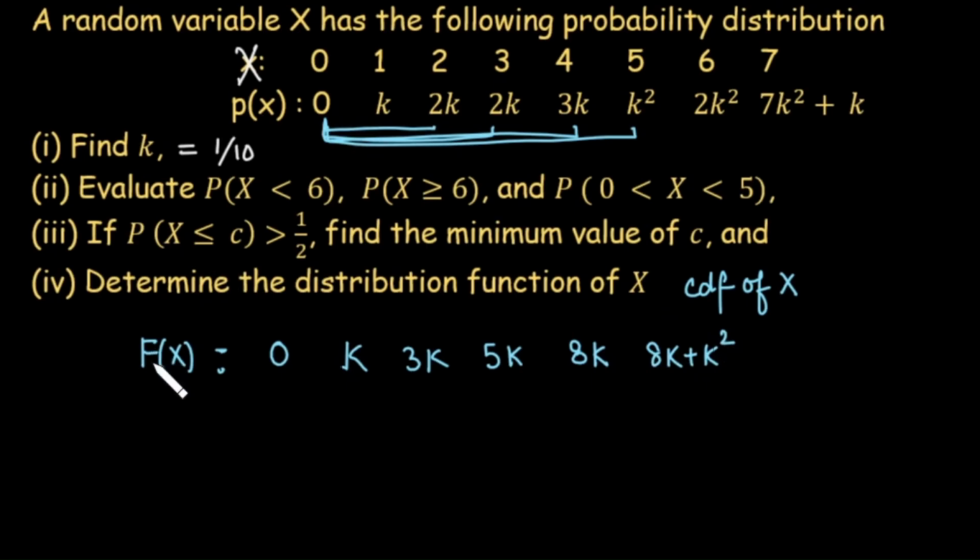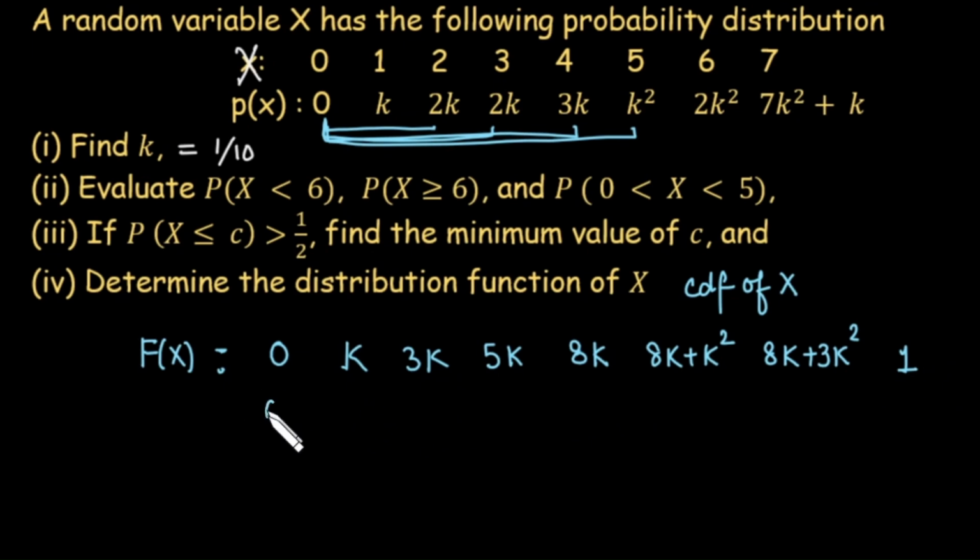Then what is the capital F of 6? That is 8k plus 3k square. And F of 7 is 1. Why 1? Because that is the sum of all the probabilities. Definitely that is equal to 1. So here we can substitute the value of k.